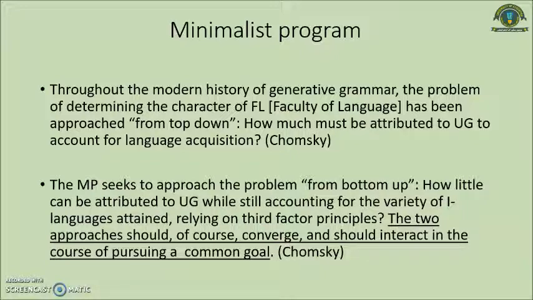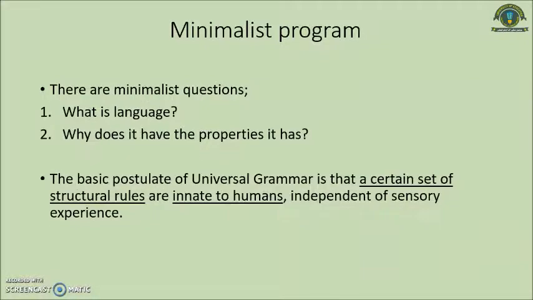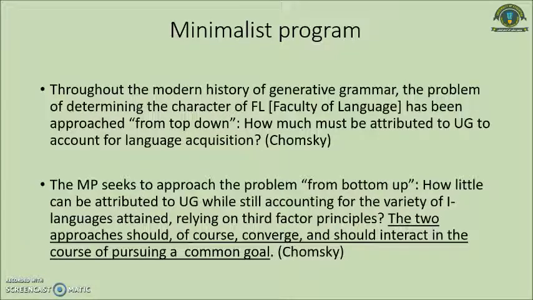So the conclusion here is that, as I discussed earlier, we very much rely on universal grammar in order to find answers to our many questions. But here Chomsky is saying that we shouldn't just rely on universal grammar.